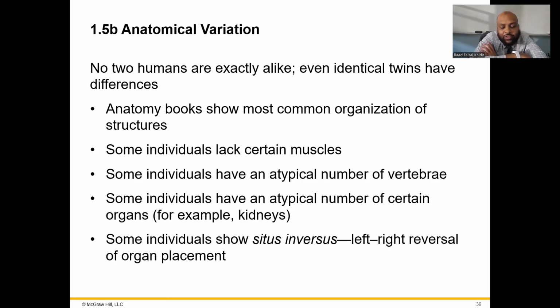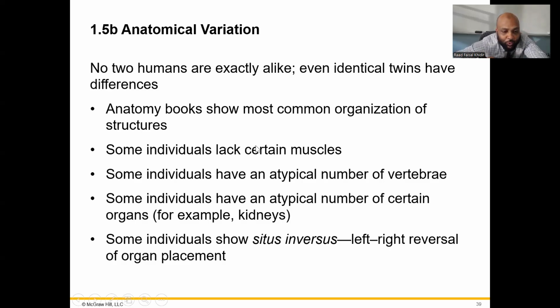Situs inversus is very important because there is a left-right reversal of organ placement. You've seen that, the heart was on the right side. Some people are like that. That shows you there is anatomical variation.